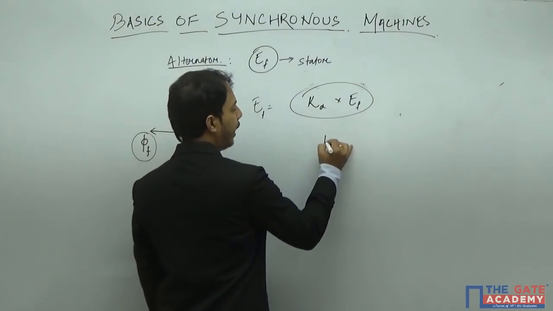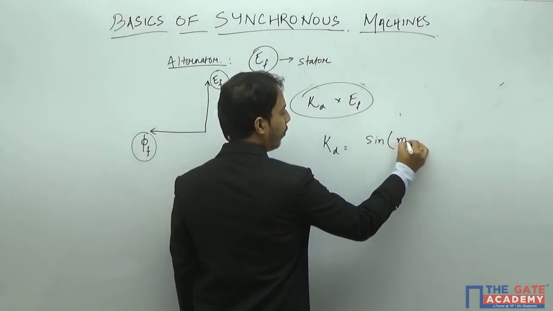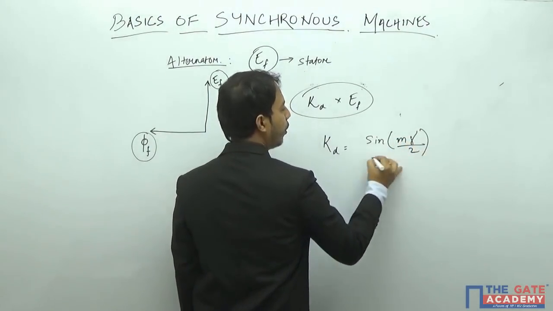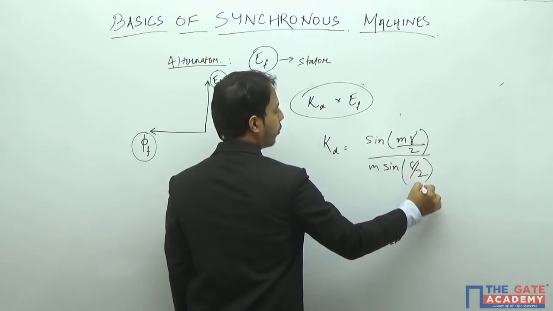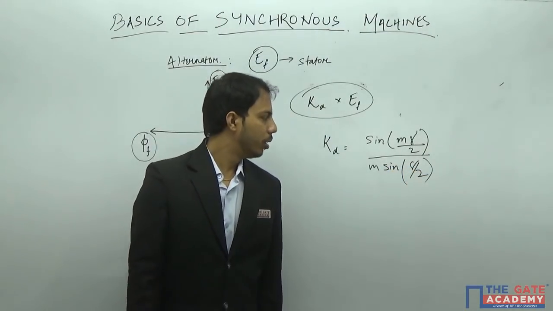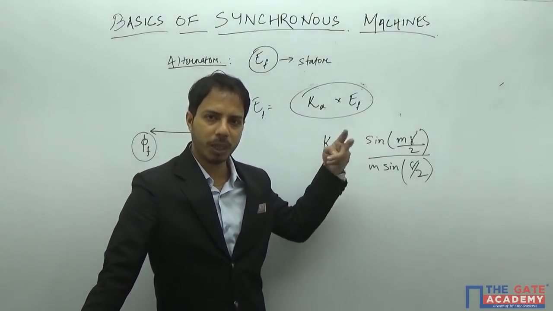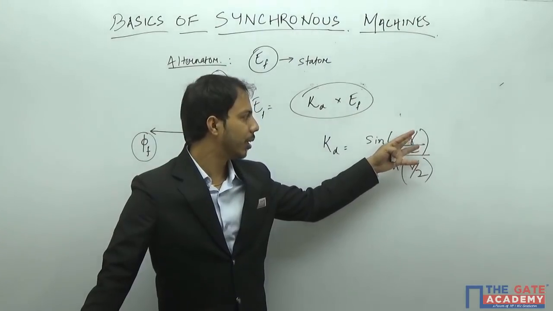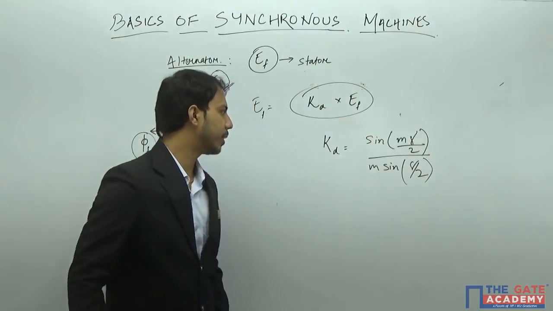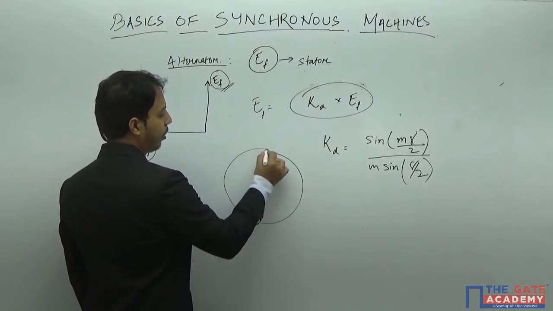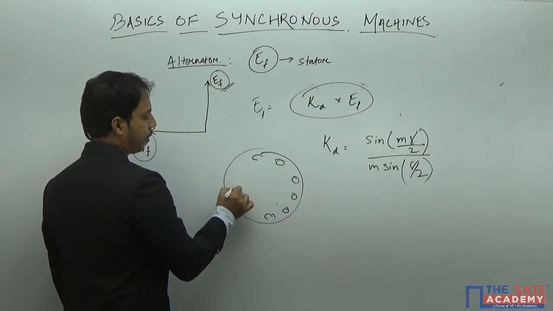There is a formula to calculate KD: sine of M gamma by 2, divided by M sine gamma by 2. Here M is the number of slots per phase per pole, whereas gamma is the slot pitch angle. That means, if I have, let us say, 48 slots, or 36 slots, in this way.